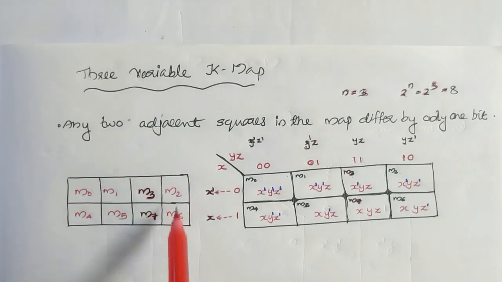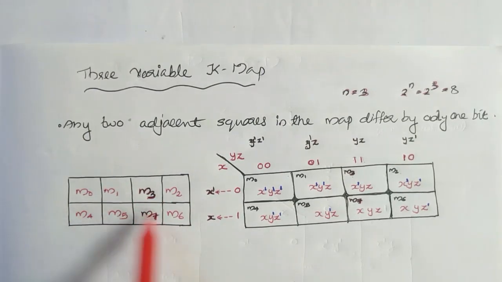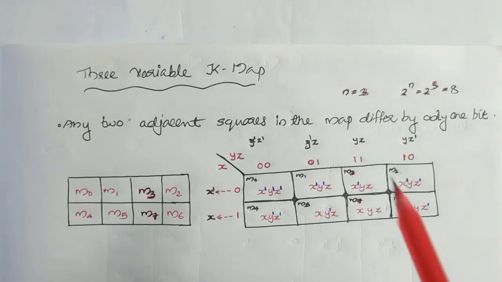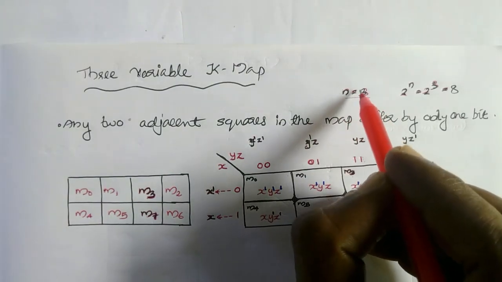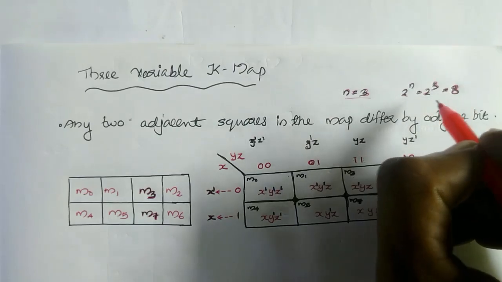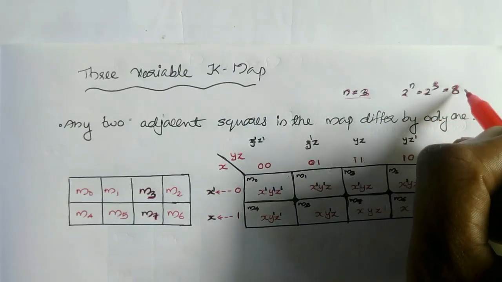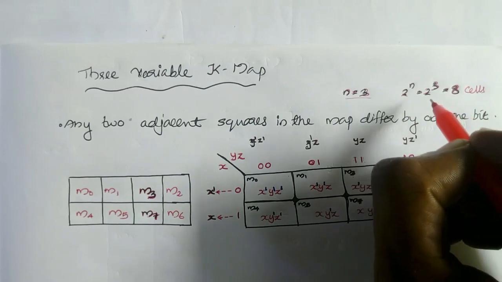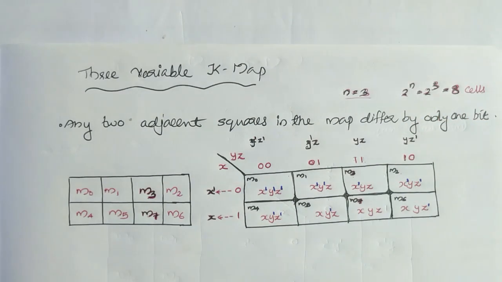Then you should have 8 cells inside the K-map. That means the value of n is 3, so you should have 2 raised to n cells, or 8 cells.